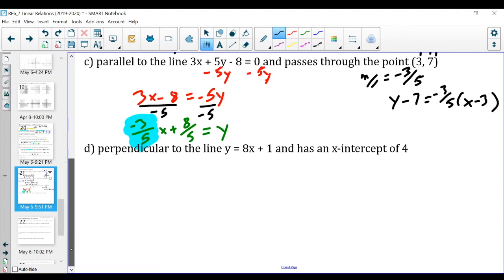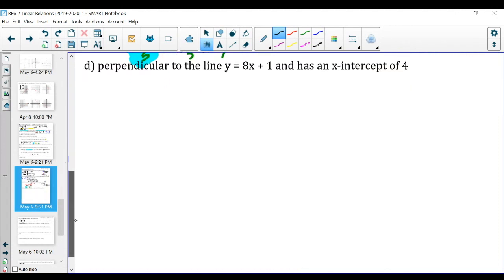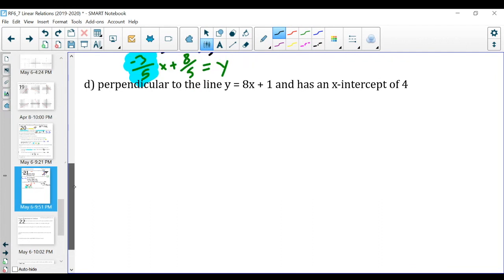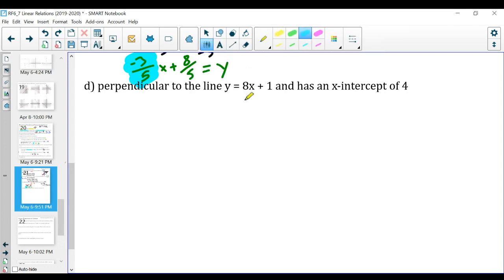In example number 4, we're looking for another line that's going to be perpendicular to the line y is equal to 8x plus 1, and it has an x-intercept of positive 4. So this is tricky for different reasons. The first part is a little bit deceiving. We're looking for a line that's perpendicular, so it has to be perpendicular to a line with a slope of 8.